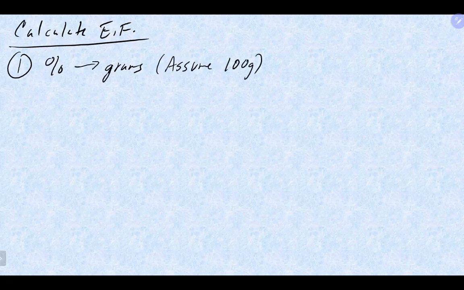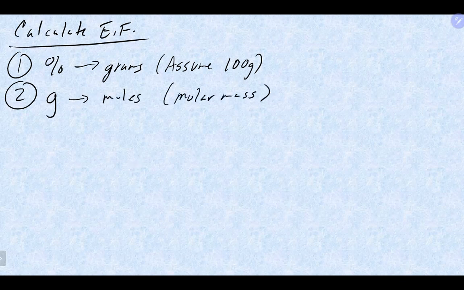That keeps the percentages the same numbers, just turns them into grams. You just change the unit. Once you have everybody in grams, you then convert to moles, using the molar mass from the periodic table, like we've been doing. Once you have everybody in moles, you divide by the smallest number of moles.